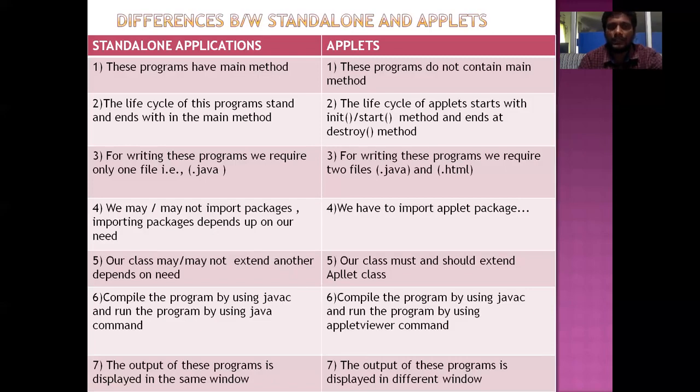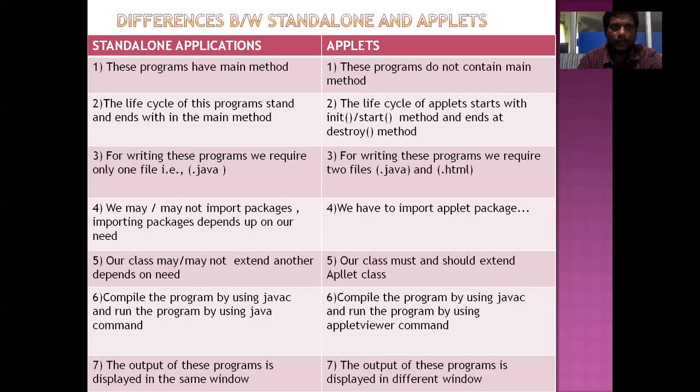So on the side of standalone applications, we have the main method, and the execution of the program will start and end within it. That is why we can say the life cycle of a standalone application will start and end within the main method. But in the case of applets, the life cycle will start with the init or start method and end at the destroy method.